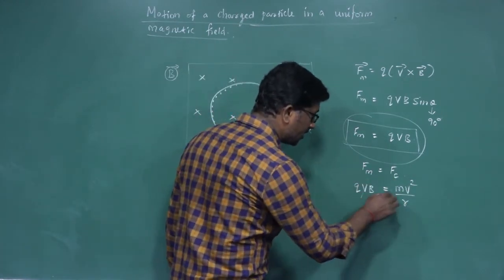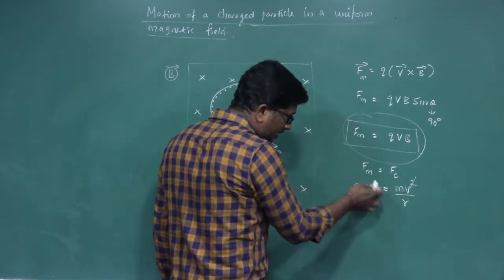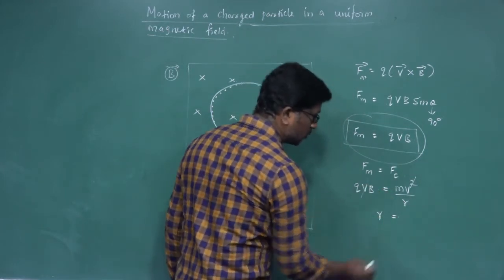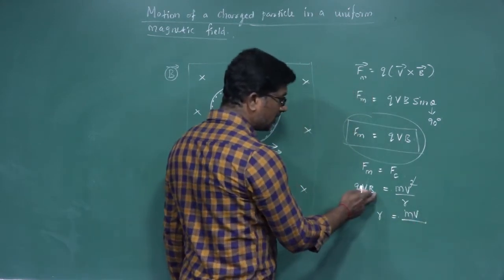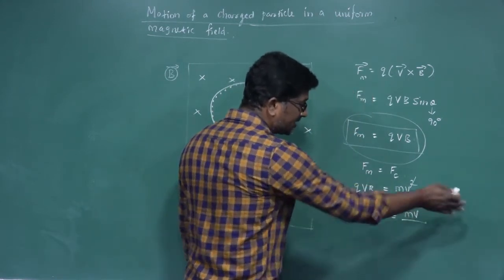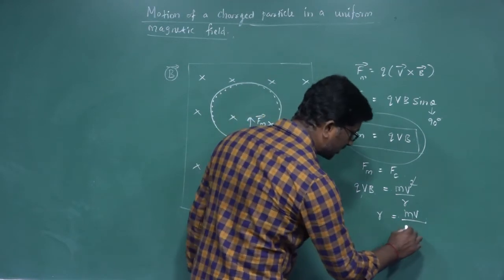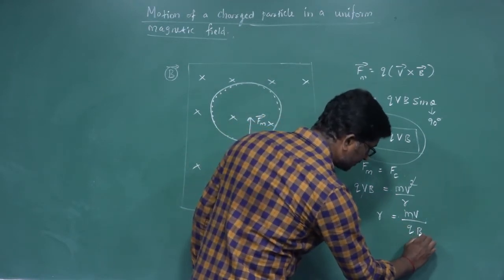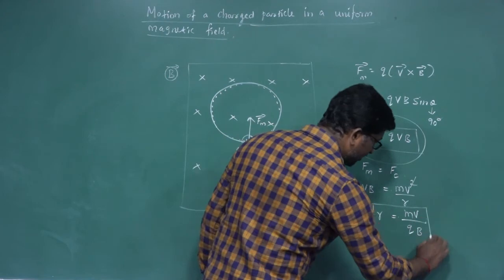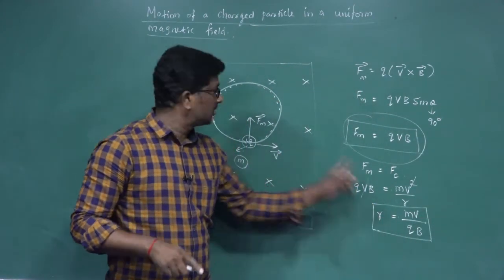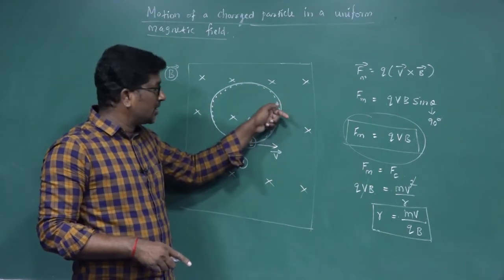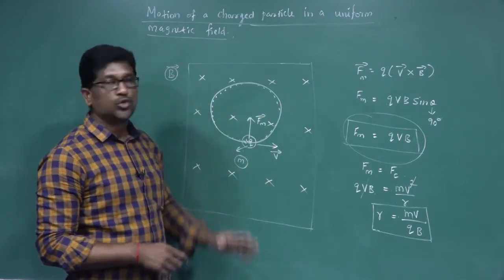Here v gets cancelled. Therefore r is equal to mv, and if QB is taken to this side, it goes to the denominator, so r equals mv divided by QB. This equation gives the radius of the circular path described by the charged particle when it moves perpendicular to the magnetic field.